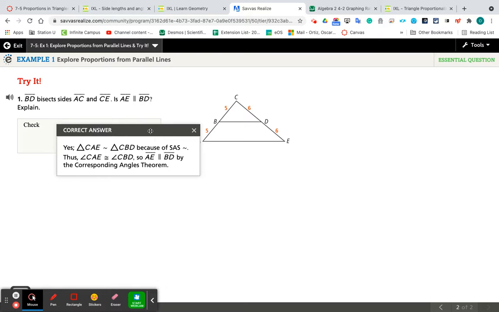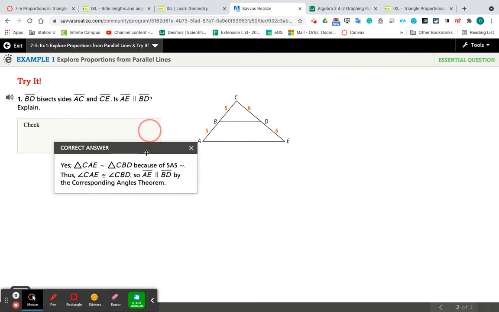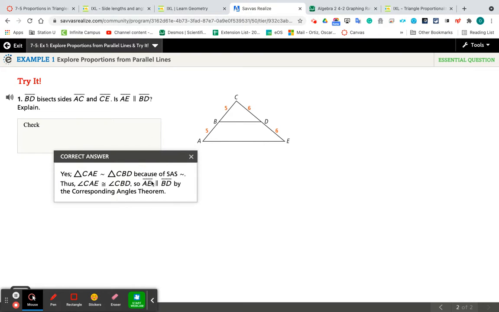Yes, those two triangles, CAE and CBD, will be similar due to another criteria, which is side-angle-side, that determines triangle similarity. The two sides BC and CD are proportional to CA and CE, and the angle made by those two sides is the same, congruent.